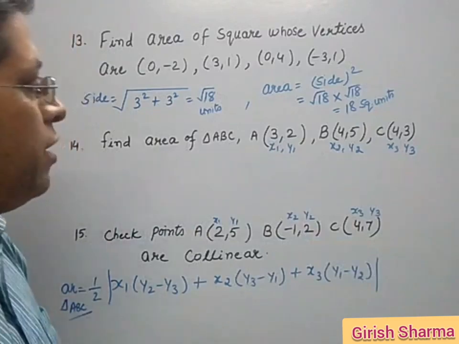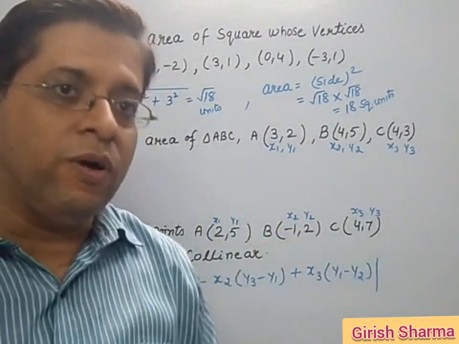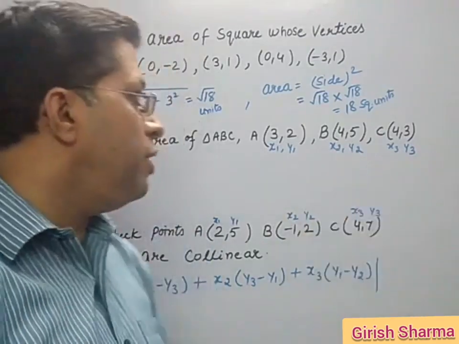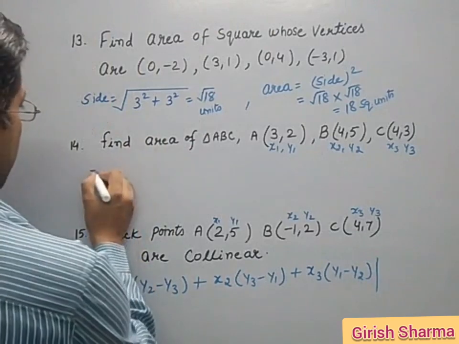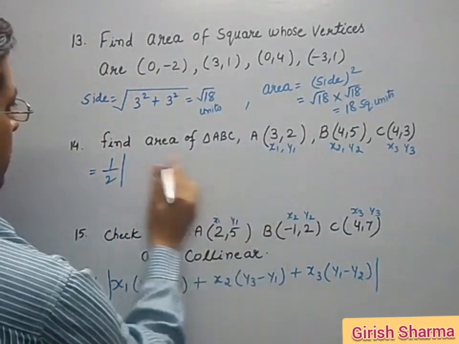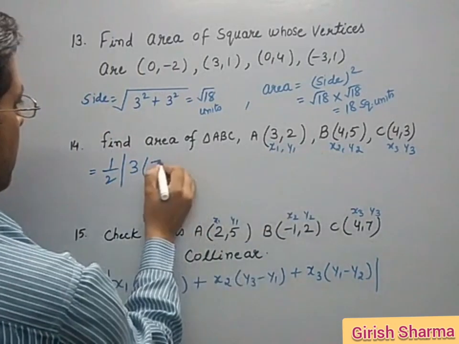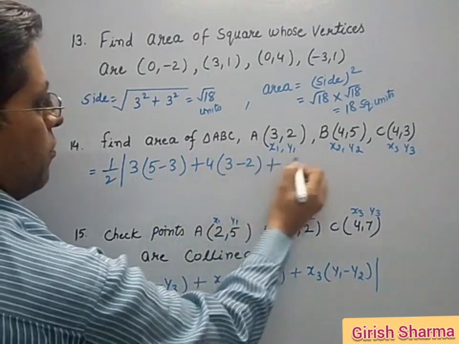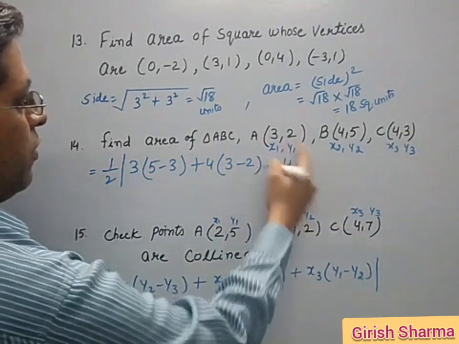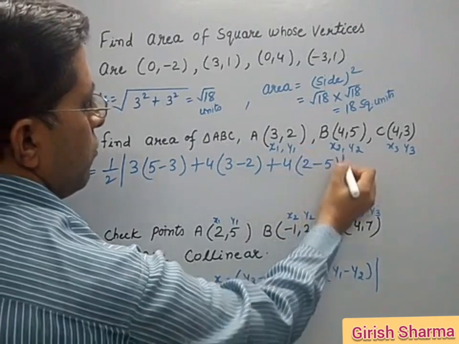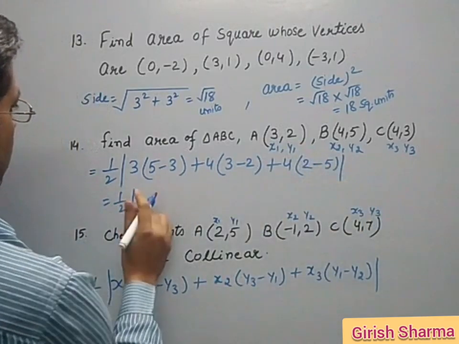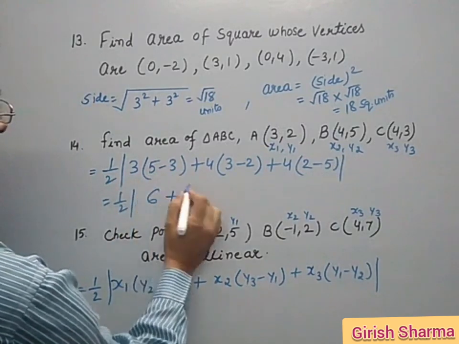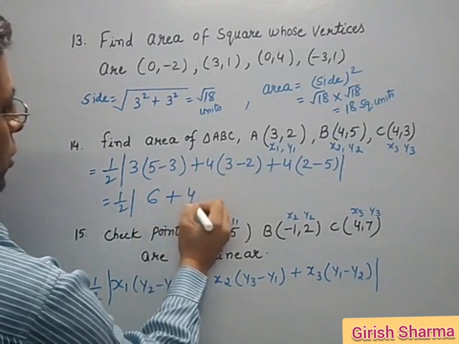Next one, area of triangle. That we know: half of x1(y2 minus y3) plus x2(y3 minus y1) plus x3(y1 minus y2). Now I am putting the values directly. 5 minus 3 is 2, 2 threes are 6. 3 minus 2 is 1, 1 into 4 is 4.